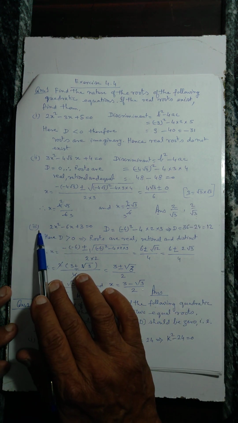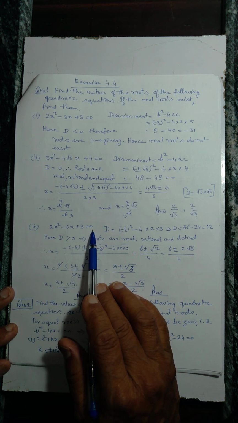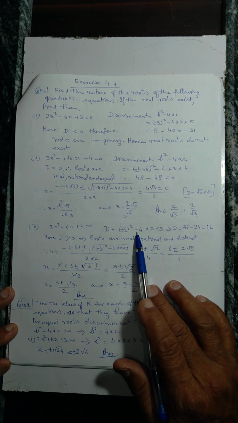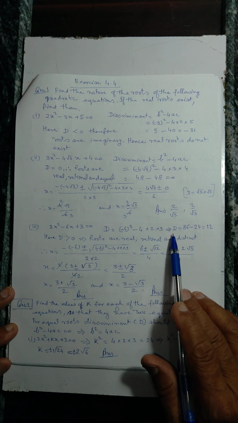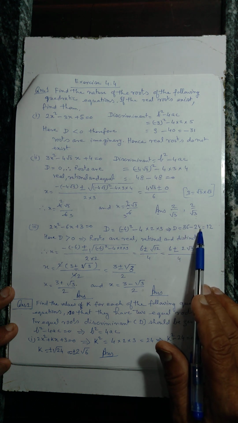Now proceed to the third part, that is 2x square minus 6x plus 3 equal to 0. Here the discriminant will be minus 6 whole square minus 4 into 2 into 3. That is, discriminant will be equal to 36 minus 24, that is equal to 12.